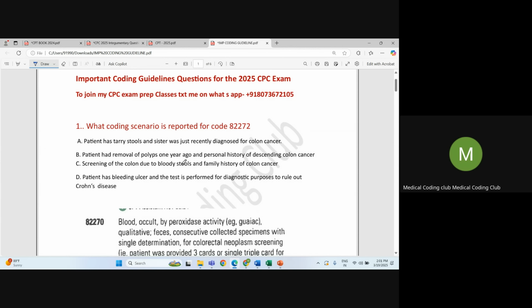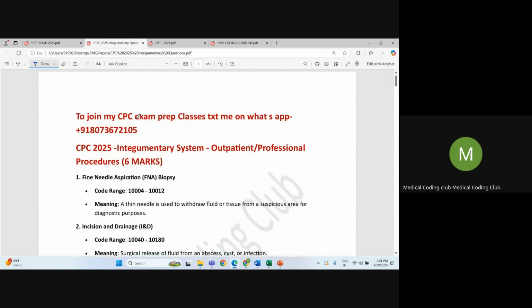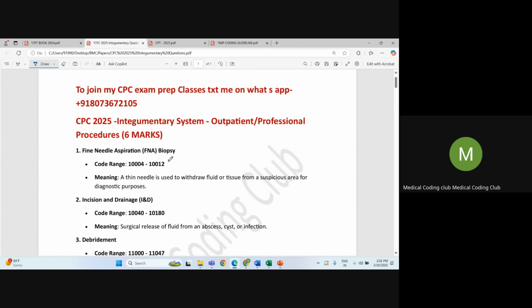And now we will move to our surgery chapter 1, integumentary section. First, I will let you all know what are the important prophy or outpatient services we have under the integumentary section. Why? Because this CPC certification, certified professional coder, is all about professional services.